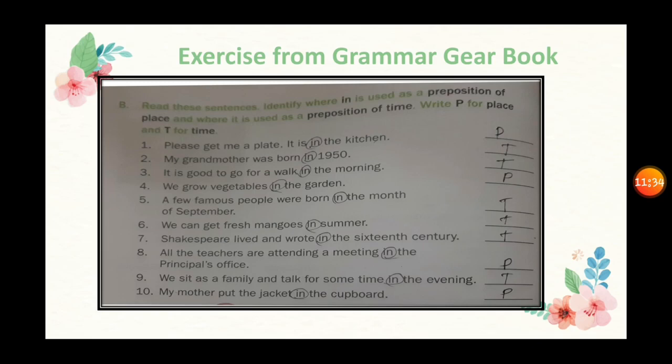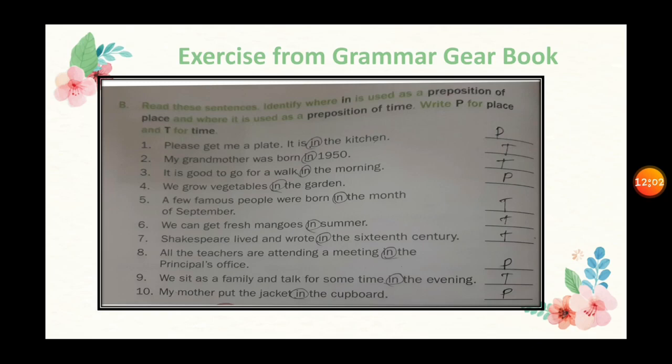Identify where "in" is used as a preposition of place and where it is used as a preposition of time. Write P for place and T for time. Today I'll just read out up to 5. The rest you can do by yourself. Let's go for the first one.